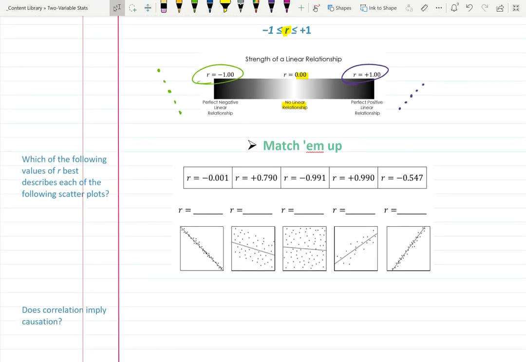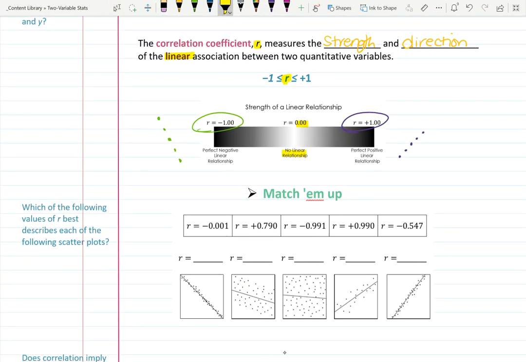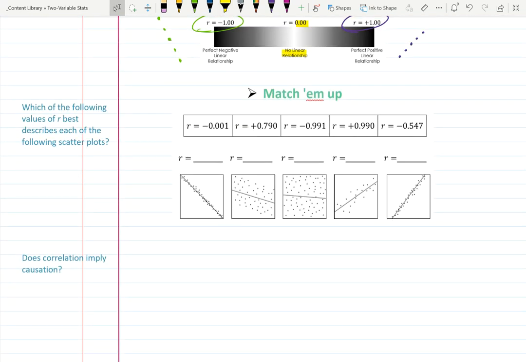When we look at these examples, I want to look at my different correlation coefficients. Again, we're looking at strength and direction. Strength, meaning how close is it to either 0 or 1? And then the direction, is it positive or negative? So think slopes.